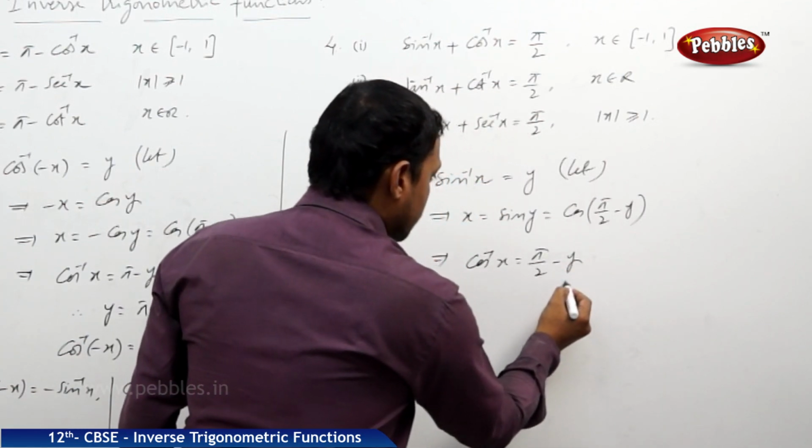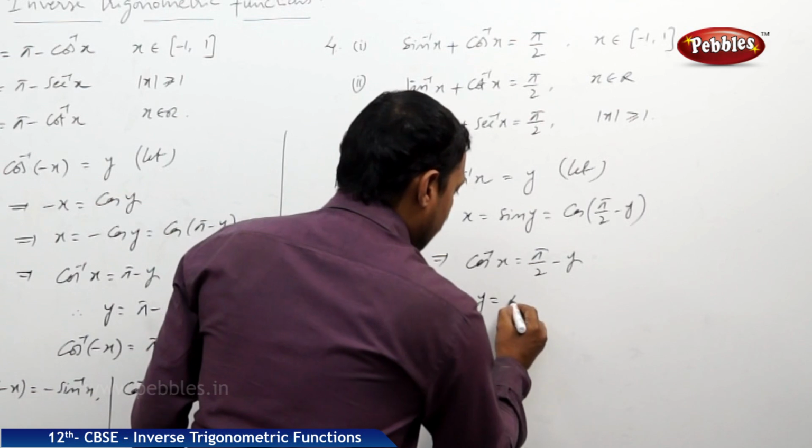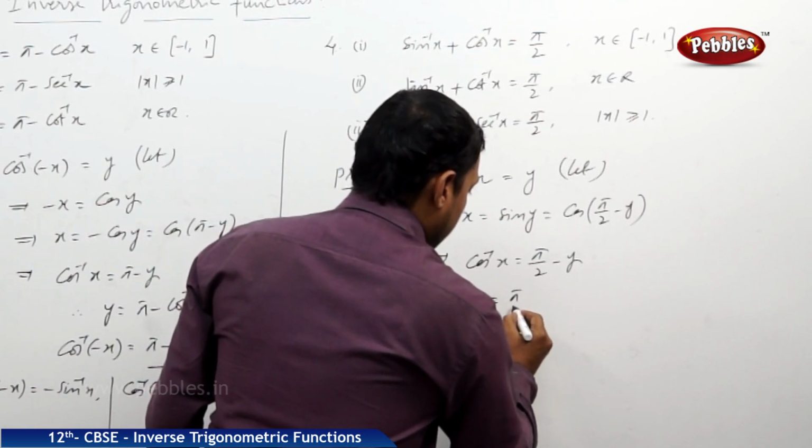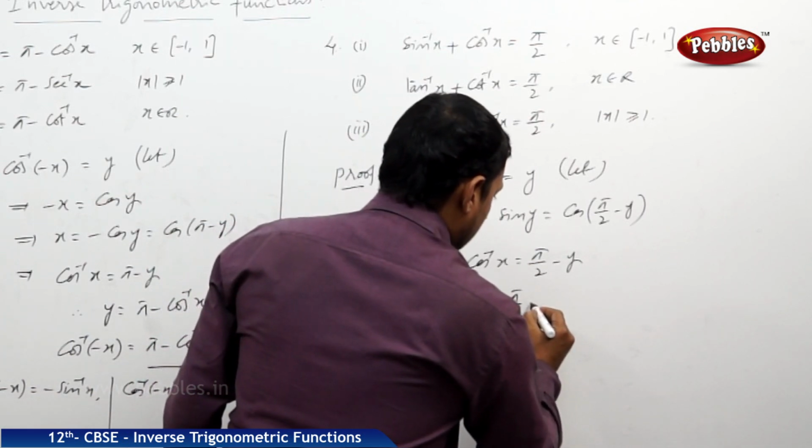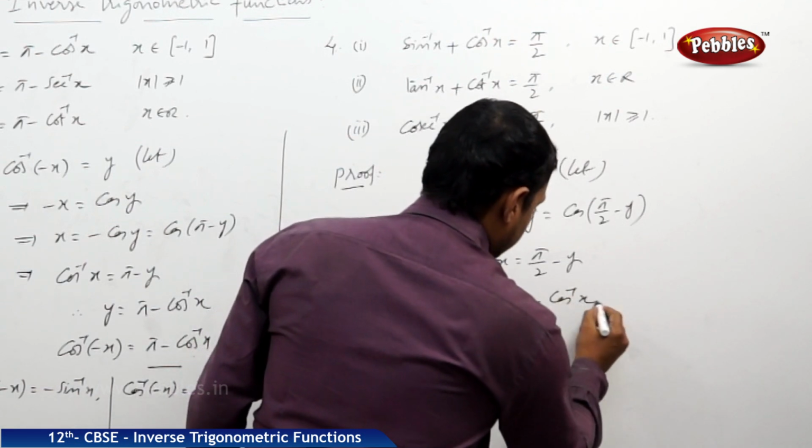Therefore, now moving this minus y to the left side, y is equal to pi by 2 minus cos inverse x.